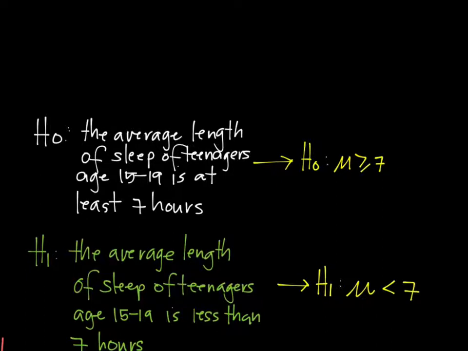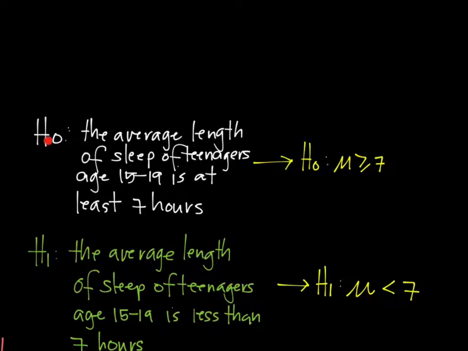Sometimes it's an inequality. But one thing to note when you use inequality is that between H0 and H1, the inequality that contains the equal sign should always be with the null hypothesis. The greater than or equal should always be with the null hypothesis.